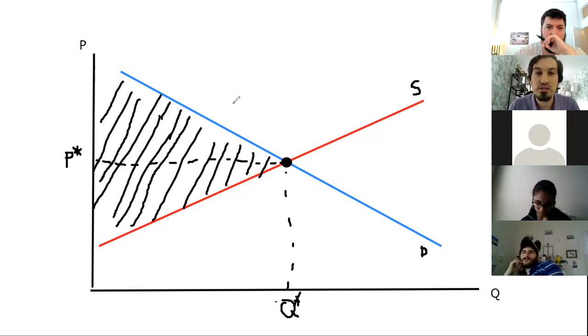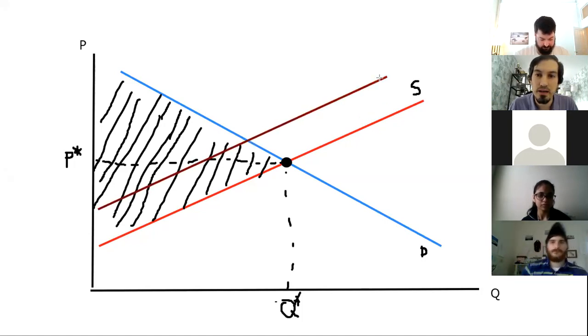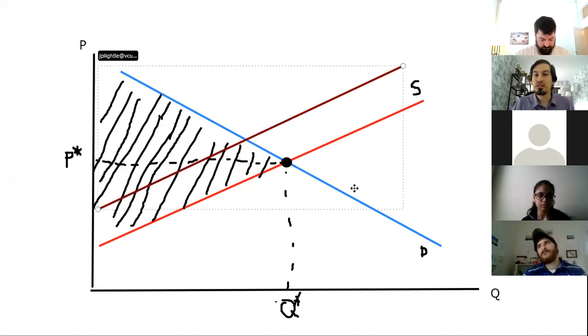So the social cost includes, the red curve is like the private costs of the thing, but let's make a new color. How about dark red? If it's $10, I kind of wanted to do a line right here, okay?